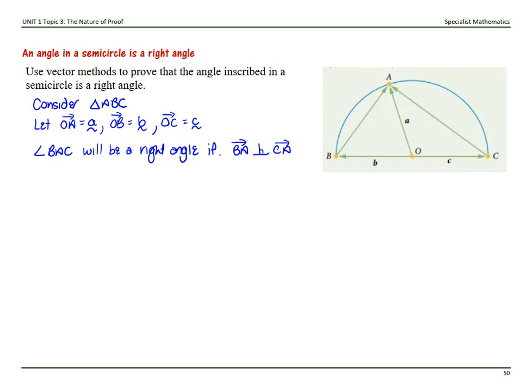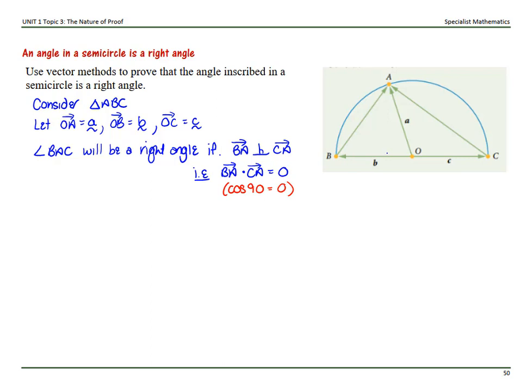Whenever we're dealing with vectors and we see perpendicular, we're going to be thinking of dot product. So we need to show the dot product between BA and CA equals 0. And that's because cos of 90 equals 0.